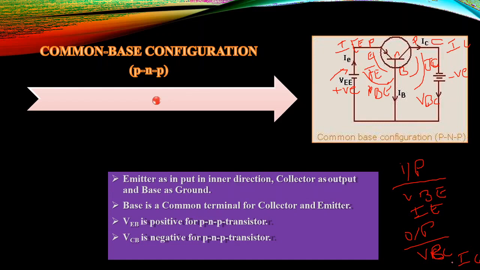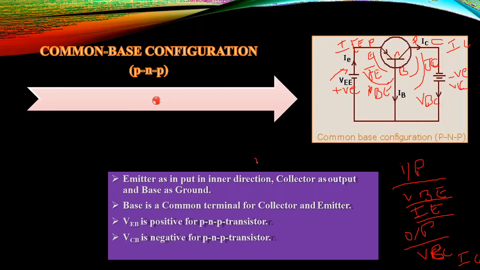Depending upon this, if I change the VEE voltage, the VBE voltage is going to change. Depending upon the VBE voltage, the IE current is going to change. Next, depending upon the supply of VCC, the VBC voltage will change and the IC current is going to change. If the input current IE changes, then the output current IC also changes.